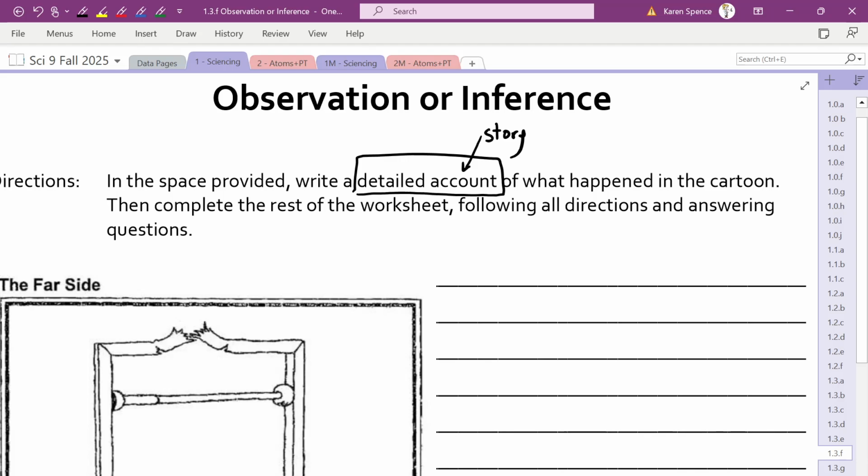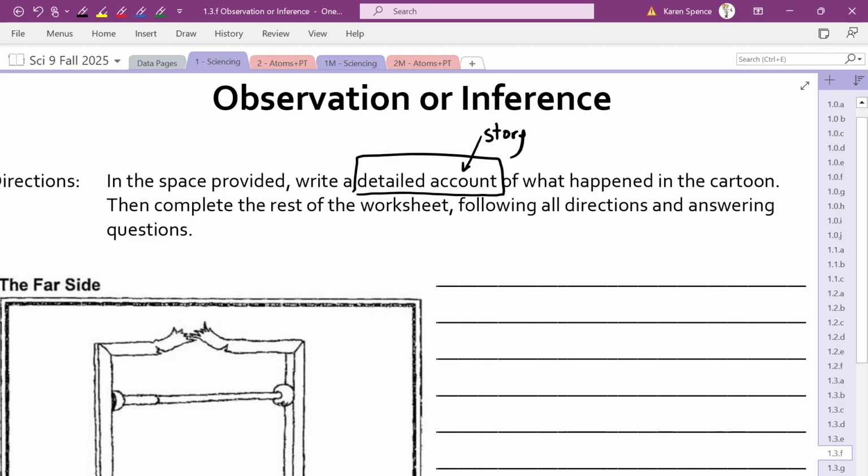But I've discovered from past years that having people read the definition of observation and inference usually isn't enough. It's enough for about half the class, and then the other half of the class doesn't get it. So before we start, we're going to define the words observation and inference.